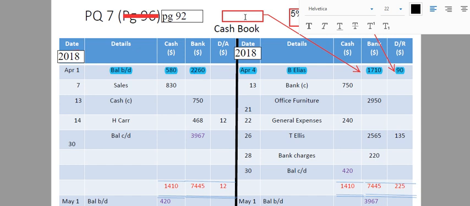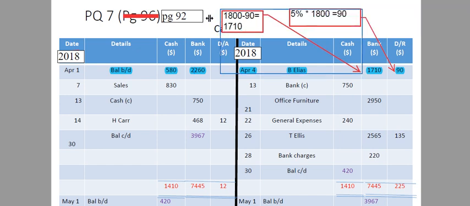You would have already done it when you calculated the 5%, because the 5% of 1,800 was 90, and then we minus the $90 from 1,800, and we get the amount that we paid to him. So 1,710 is what we paid to this guy.